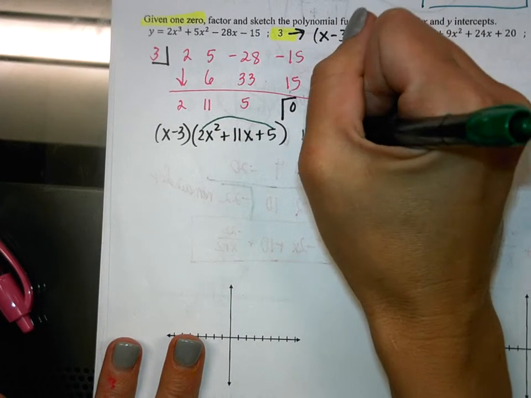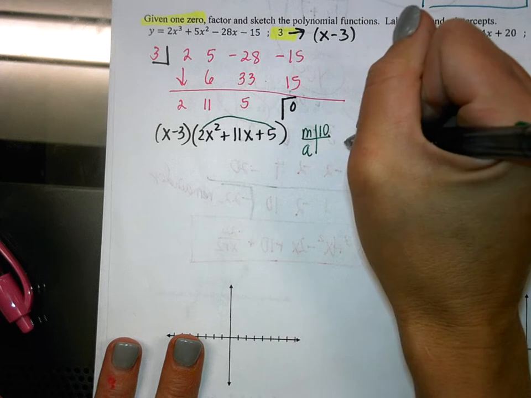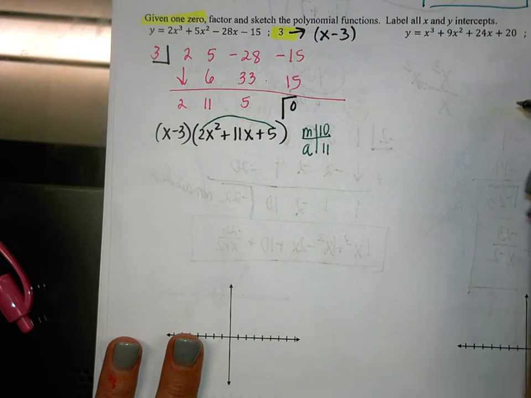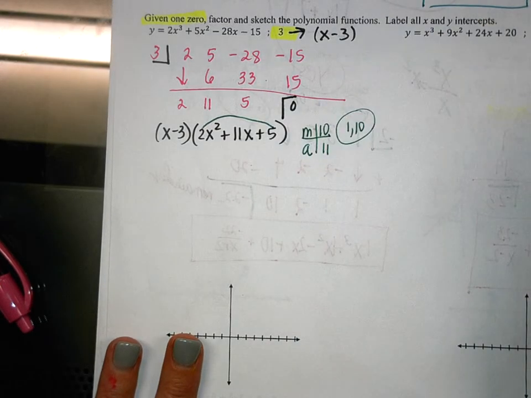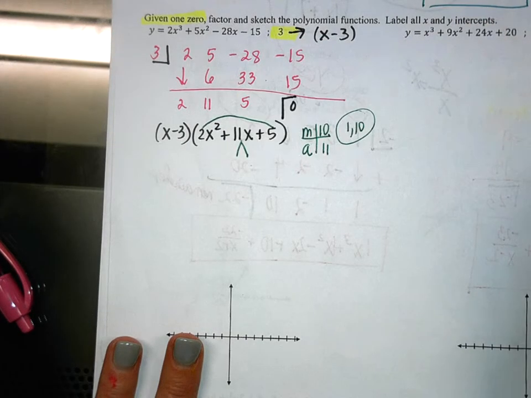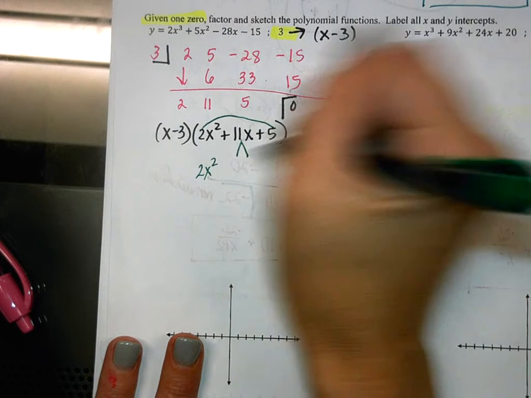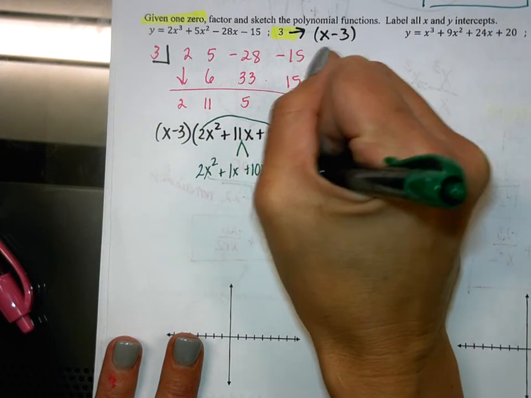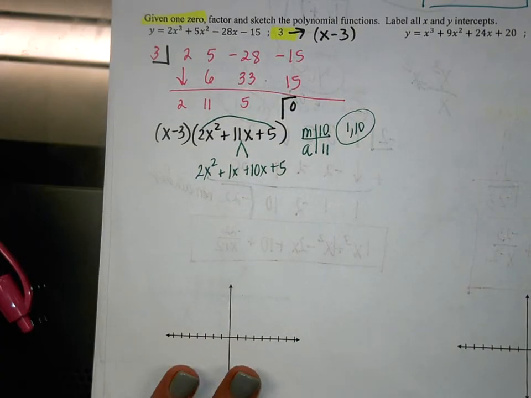So my multiplication number is 10, and my adding number is 11. What numbers will work? 10. Very good. Both of them will be positive. Those add to be 11, multiply to be 10. Remember we split these up. So I rewrite this, 2x squared plus 1x plus 10x plus 5. And then we have to factor by grouping.